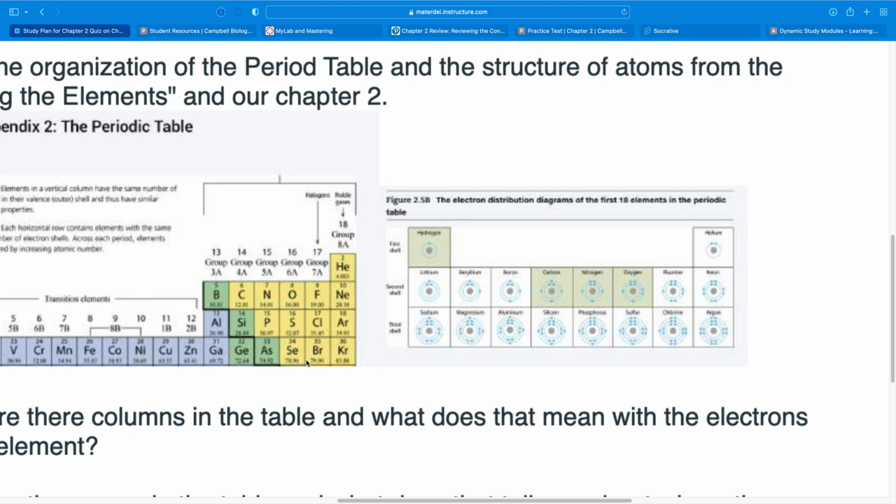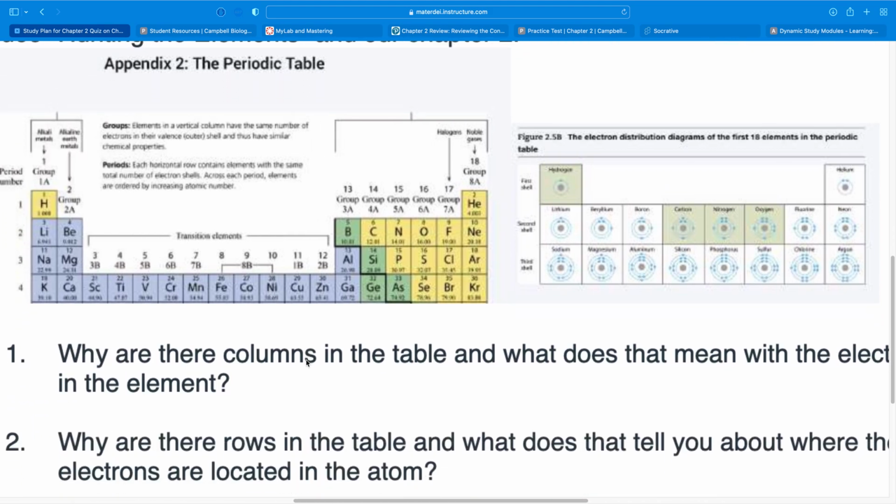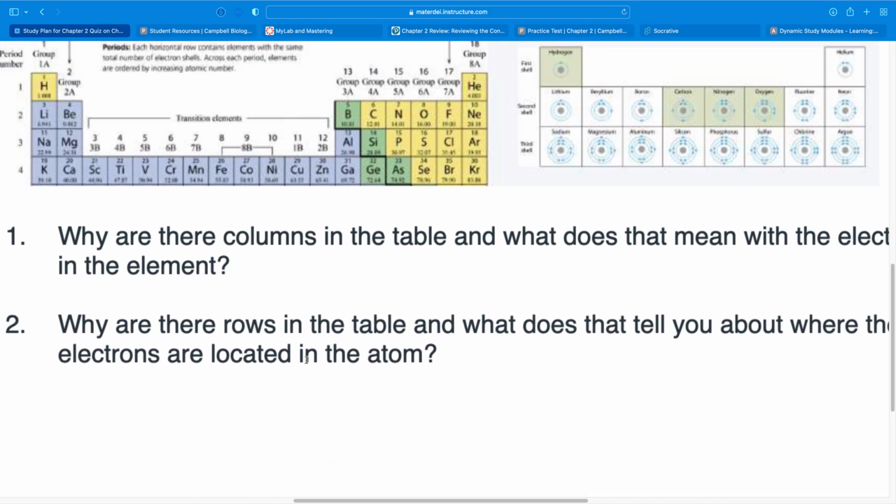How many blue circles for electrons are in the second row? 2 electron orbits. How many orbits are there in the third row? 3. So you can see by the visual representation there that the rows are the orbits where the electrons are located. Did you write that down for number 2?